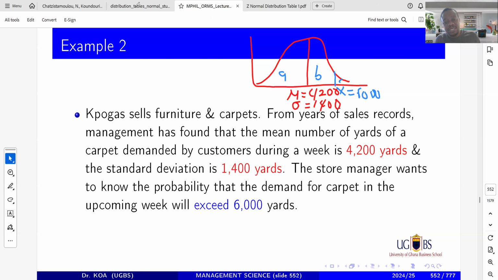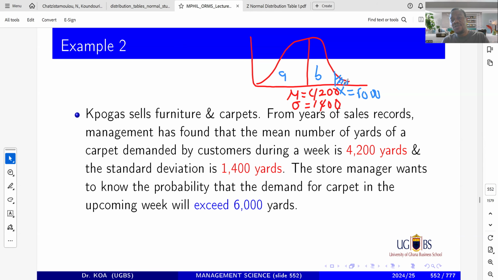Okay, good. We are shading C because of the word exceed. So you now have to shade. If I check your exam script and I see that you have shaded this, then I know that you have done the correct thing. That's the first mark. That's a method. So it means that we are looking for this area.